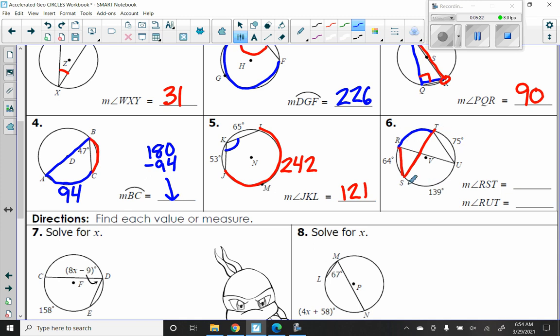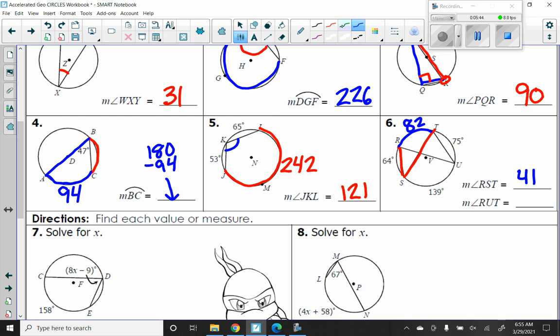If you take these 3 numbers plus that blue one, you have a whole circle. So you could find the blue one by subtracting the 3 you know. And I have 82. So that red angle is associated with that, and it is half.